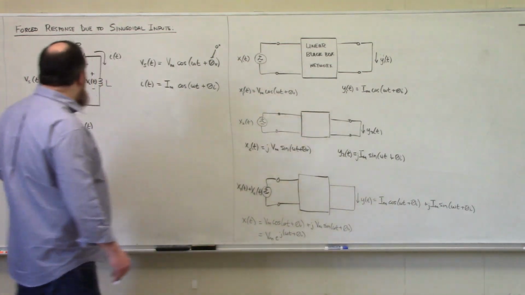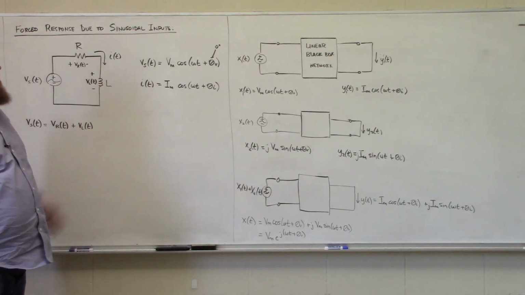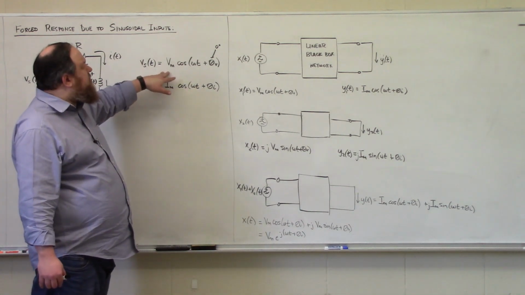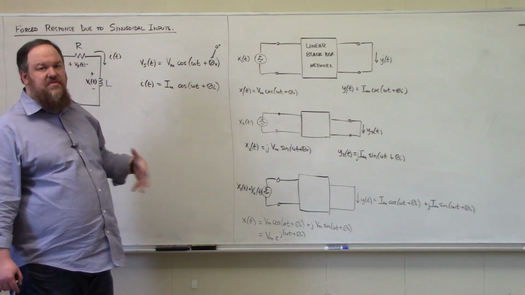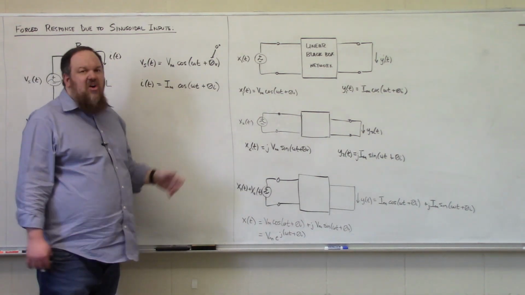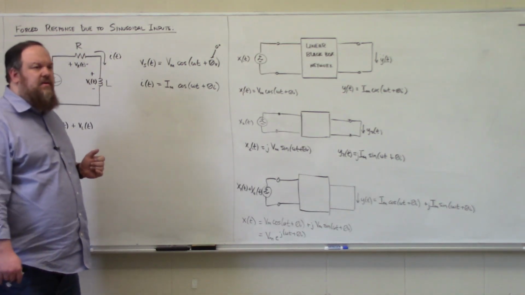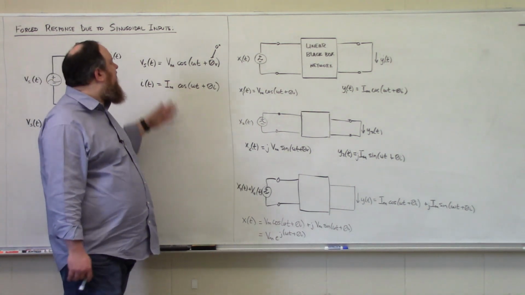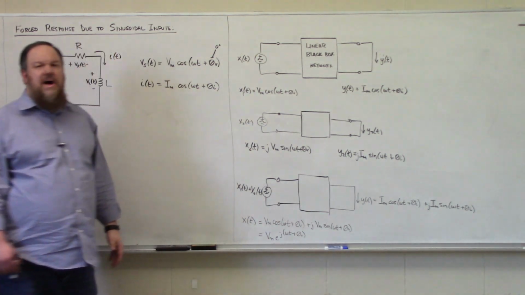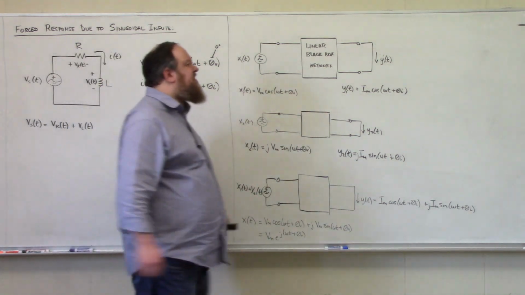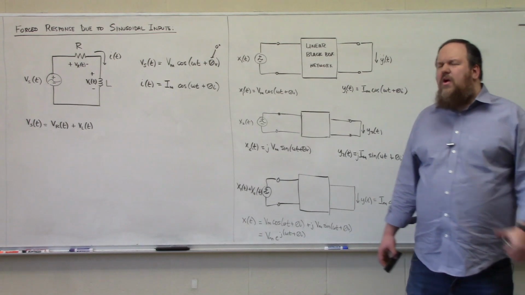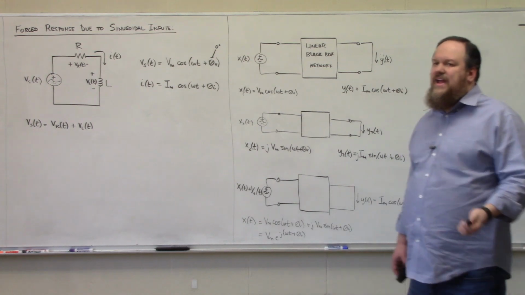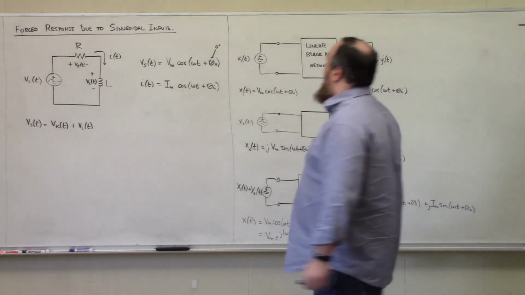So what I could do is I could analyze this circuit using a complex excitation or forcing function, determine the output due to that complex forcing function, and then take the real part of it, and I will get the exact same result as if I had just applied the cosine function by itself. And we're going to do just that, and we should see that the math behind this method, while still a little difficult, is significantly easier than having to deal with all of those trig identities and setting up systems of equations and things like that.